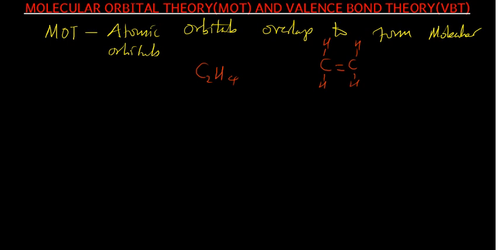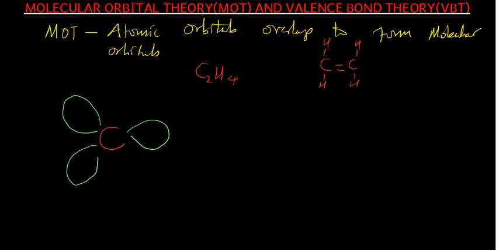So we have got our carbon, which has first 3 hybrid orbitals. It has an sp2, another sp2, and another sp2, and then it has one which was unhybridized.